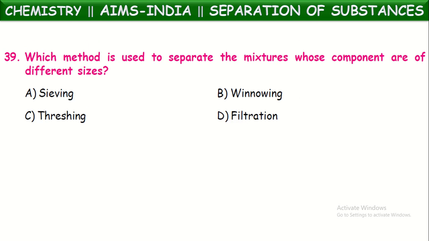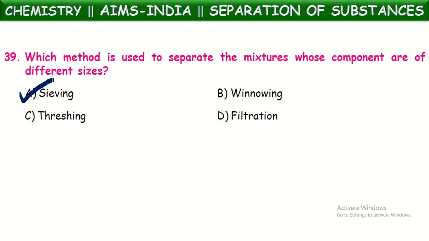Next one. Which method is used to separate the mixtures whose components are of different sizes? If the components have different sizes, then they can be separated by using the technique called sieving. What happens when the mixture is poured through a sieve? The small sized particles will come down, bigger sized particles will remain in the sieve.